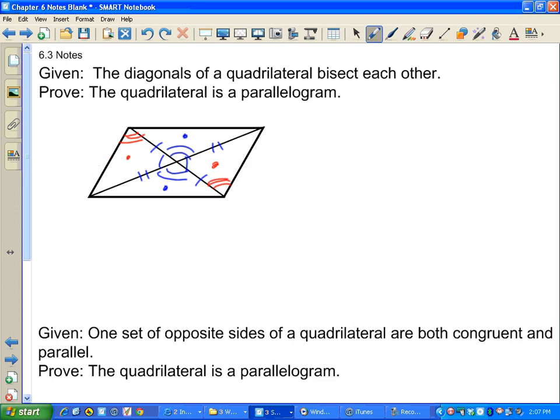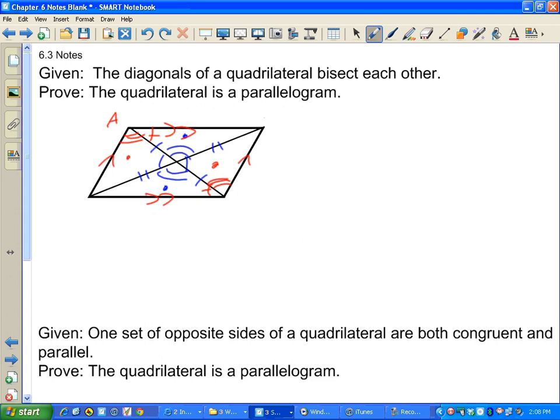Okay, and that would give us these lines parallel. I could also say that this angle is congruent to this one, which would give me these sides as parallel. Okay, so I kind of went through it quickly, but you should fill in a good flow proof for this.